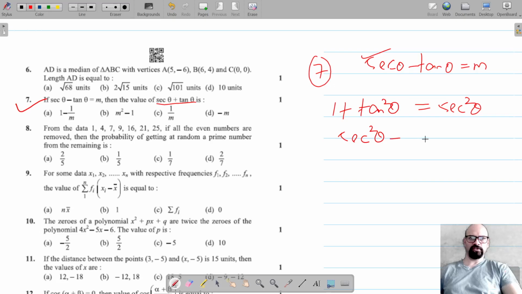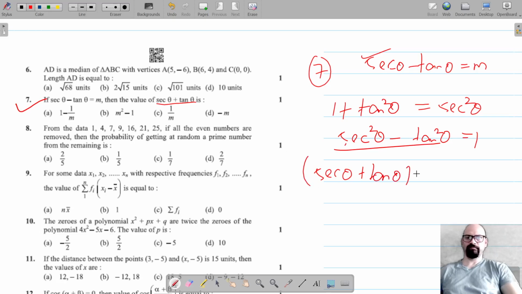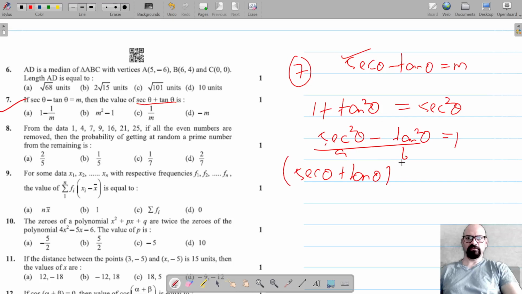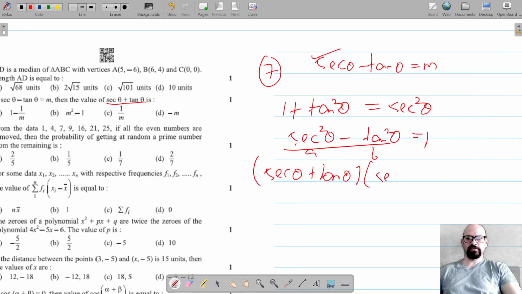So secant squared theta minus tan squared theta is equal to 1, and this is now a square minus b square. So a square minus b square is a plus b into a minus b, where this is a and this is b. So (a plus b) into (a minus b) is equal to 1.